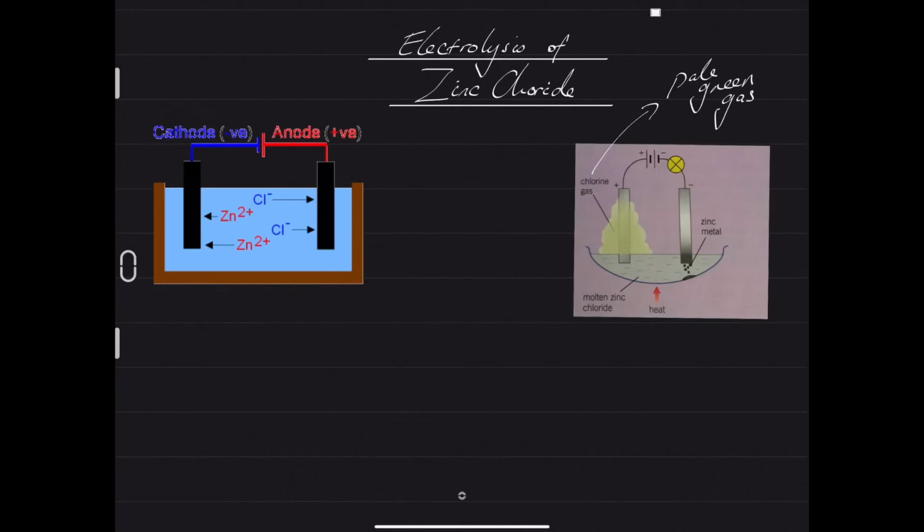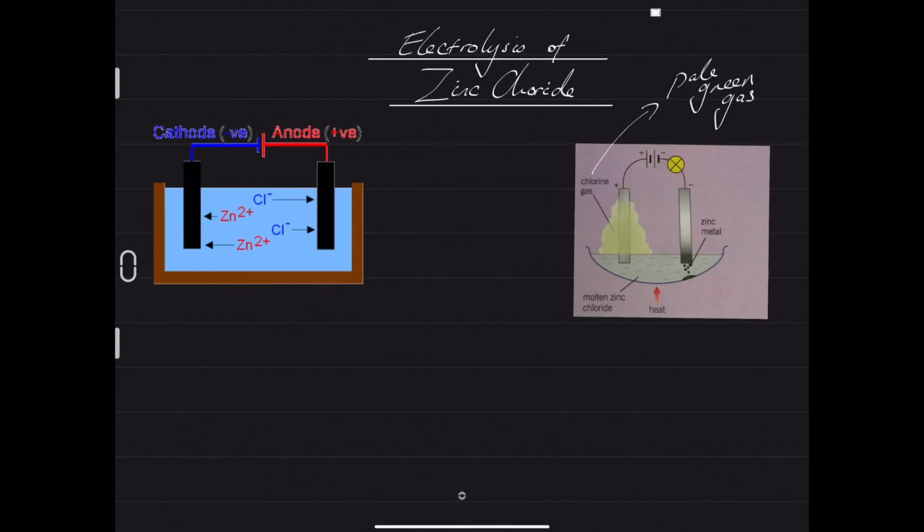So when electrolysis of zinc chloride occurs, when we look at the ions, we can see in this diagram on the left hand side that Zn2+ moves to the cathode, which is negative, and Cl-, the chloride ion, moves to the anode, which is positive. Now, before we get on to the ionic equations, let's first put down a word equation that sums up this.